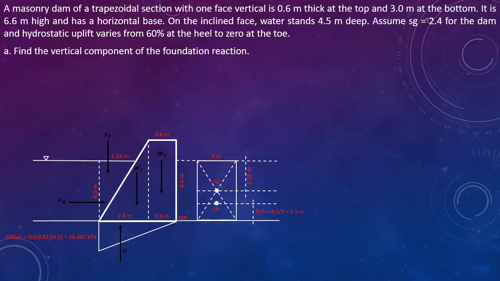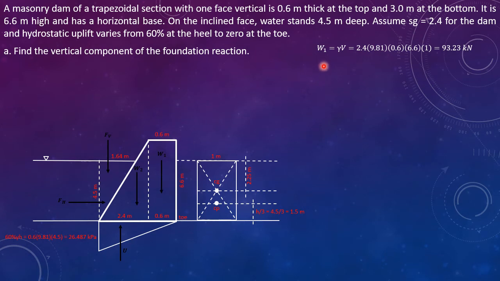For letter A, we need to find the vertical component of the foundation reaction, Ry. We need to calculate the magnitude of the different forces acting on the dam, starting with weight 1, which is for the rectangular portion of the dam.